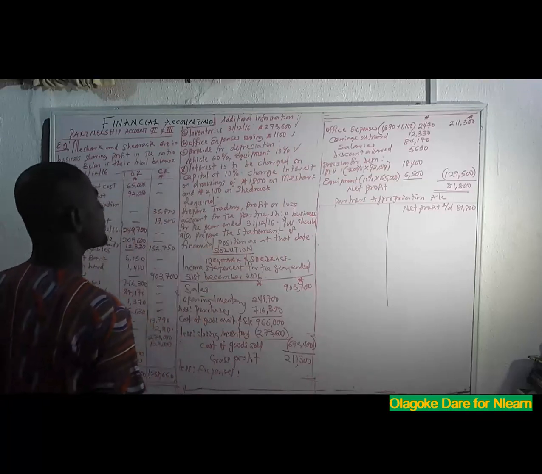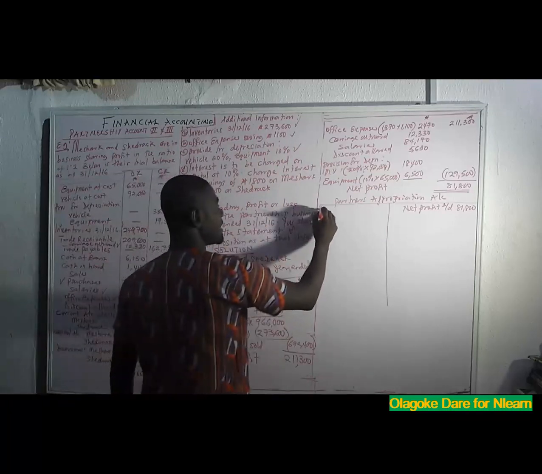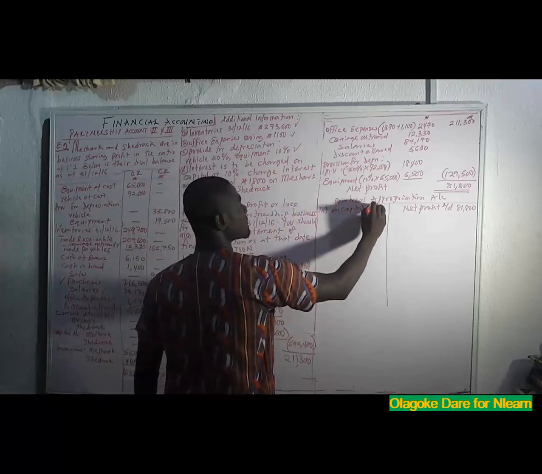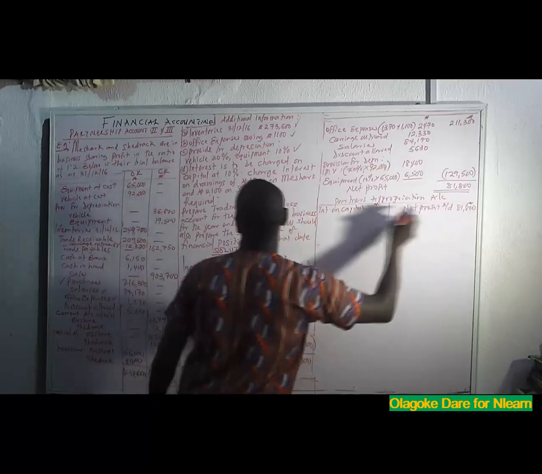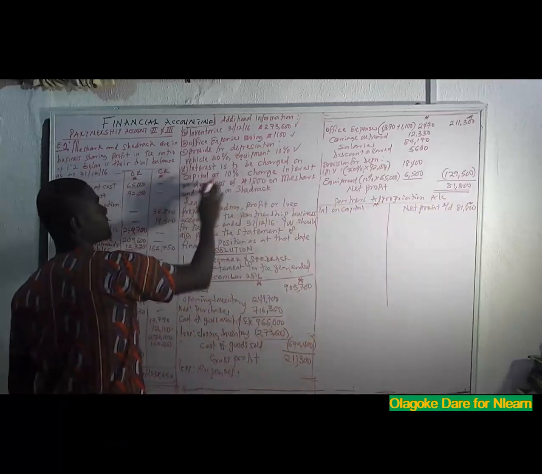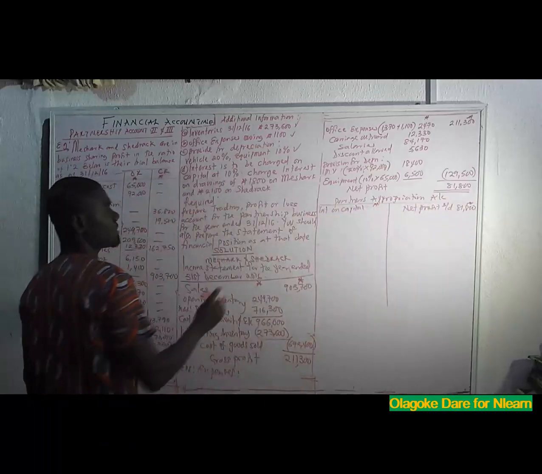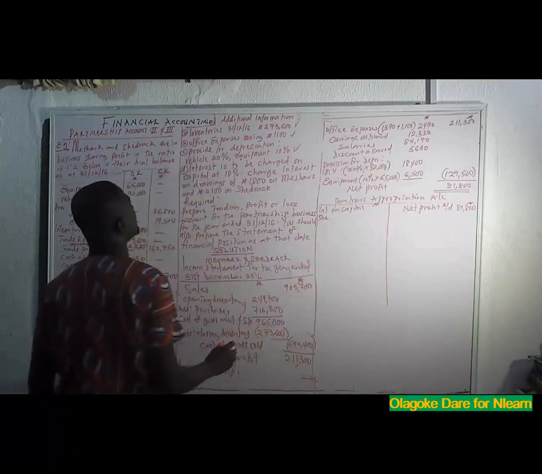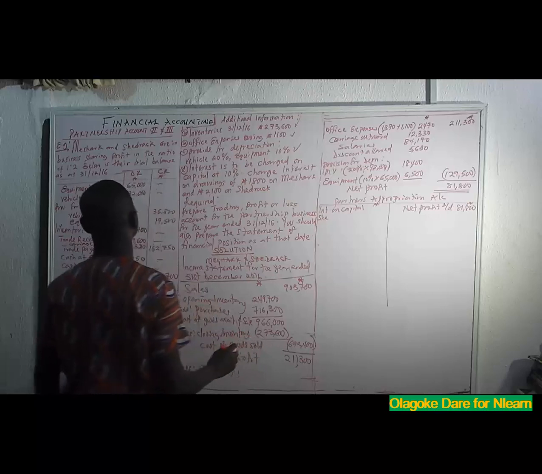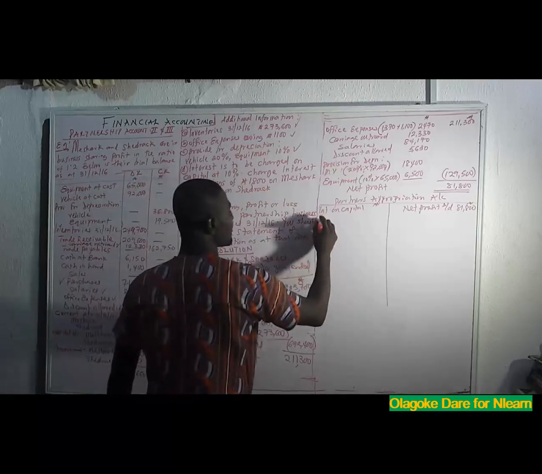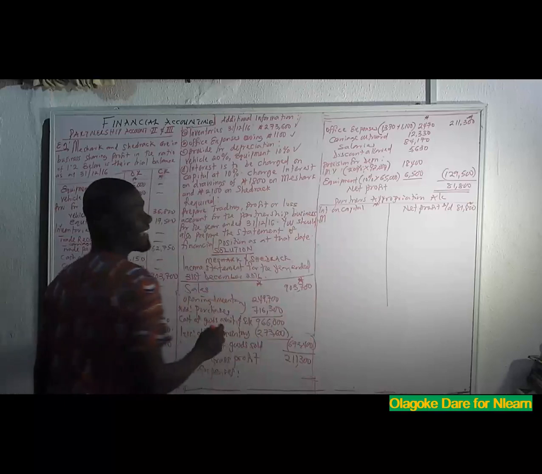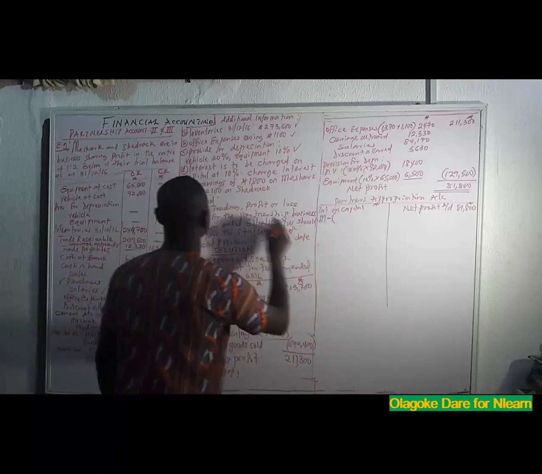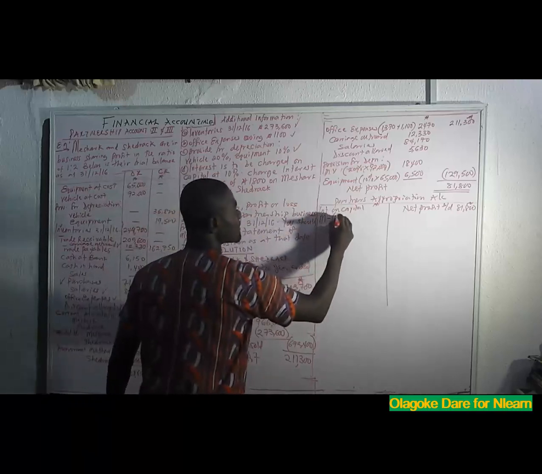Interest is to be charged on capital. Let's look at the interest on capital, 10%. I'm going to use M for Meshach and S for Shadrach. For Meshach, I'm going to have 10% of his capital.